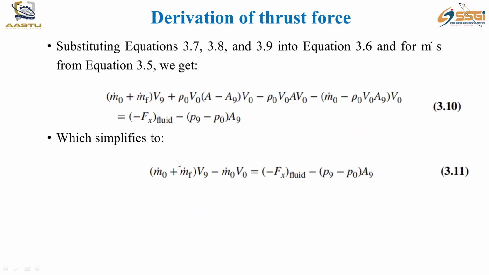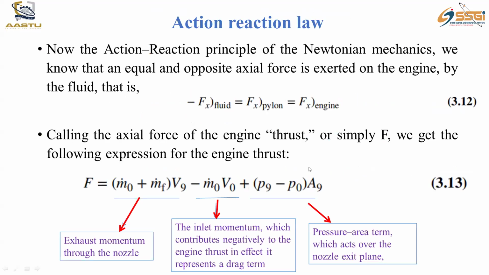And after some simplification, finally, what we can get is m dot naught plus m dot f times V9 minus m dot naught V naught, which is equal to minus of Fx of the fluid minus P9 minus P naught at the exit condition, actually. So this is the simplified form of the momentum equation.